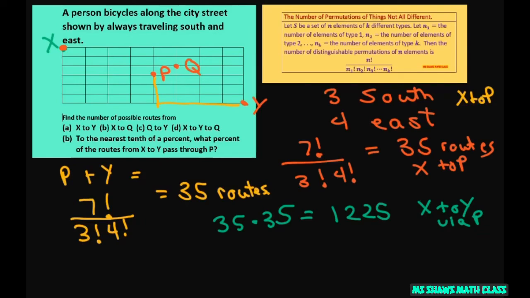There are 3,003 routes from X to Y. When you divide out, you're going to get the percentage. Let's do this on the next slide.